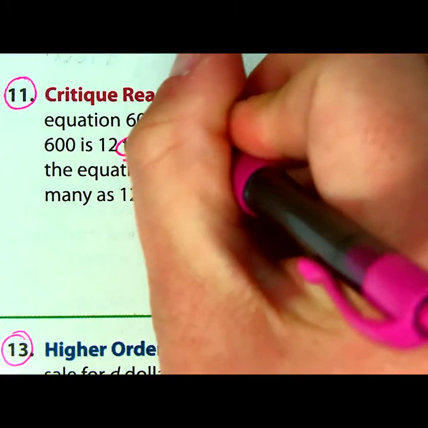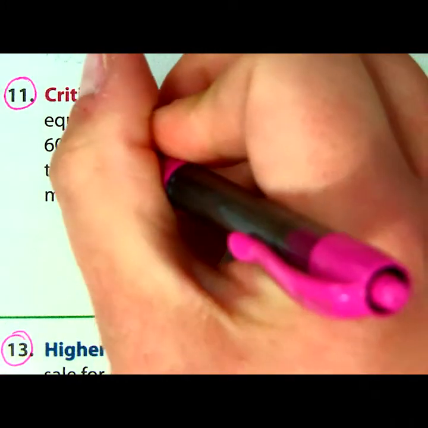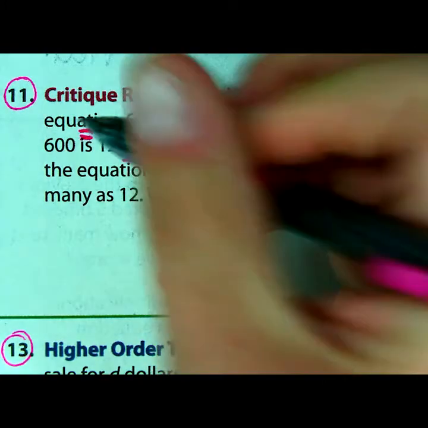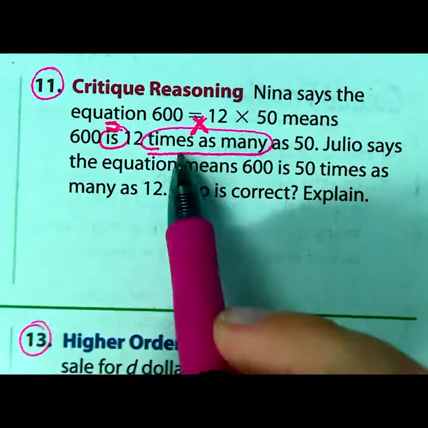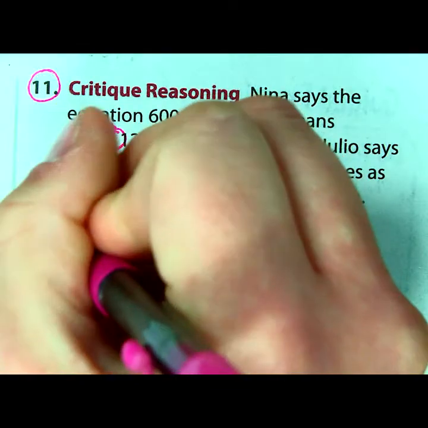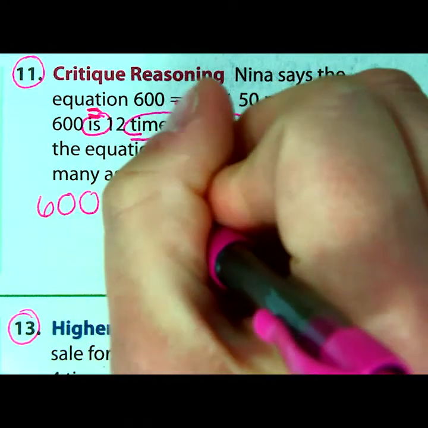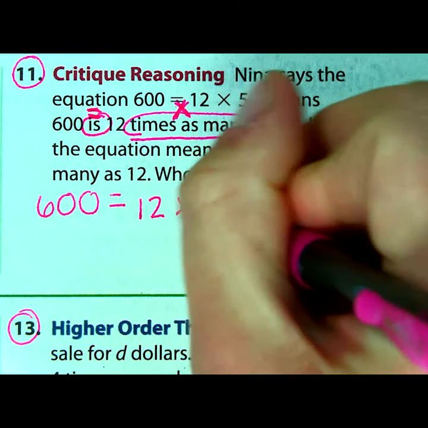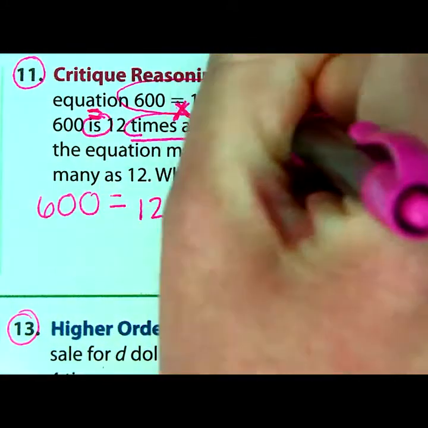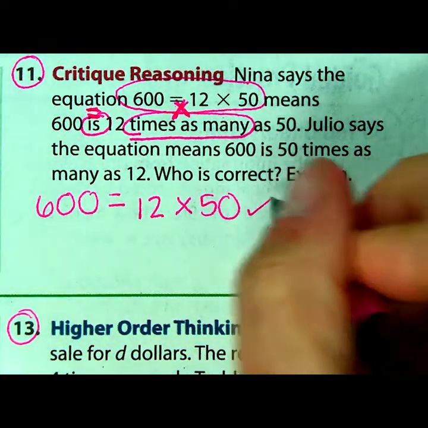Is means you can replace that with an equal sign. So 2 things here. 600 is 12 times as many. So that would read 600 is, or equal to, 12 times as many as 50. That looks correct. 600 equals 12 times 50.